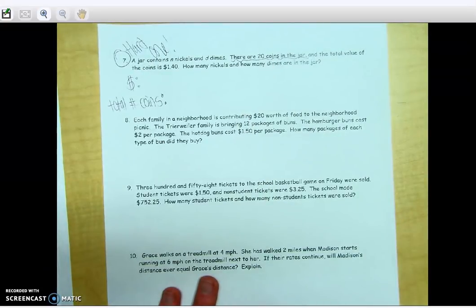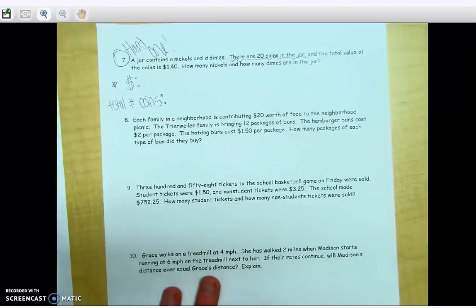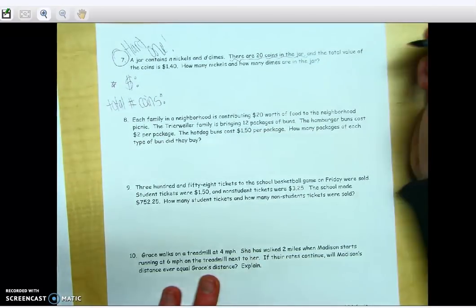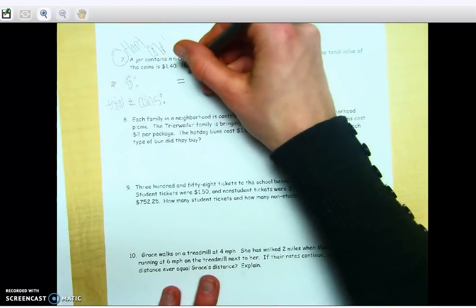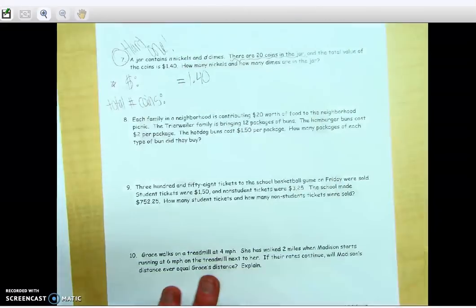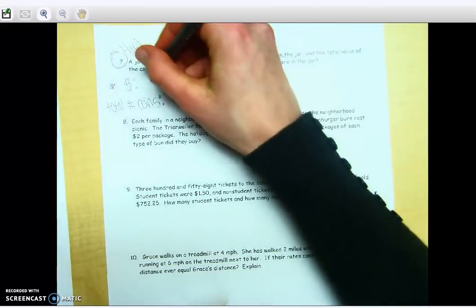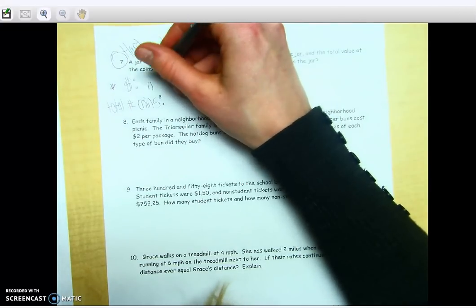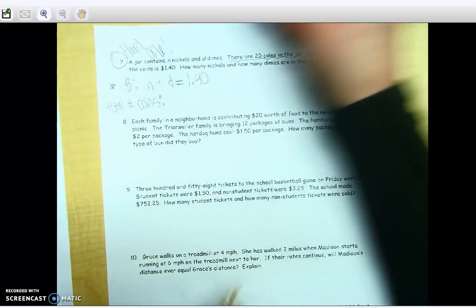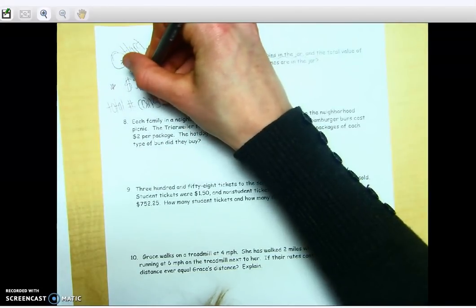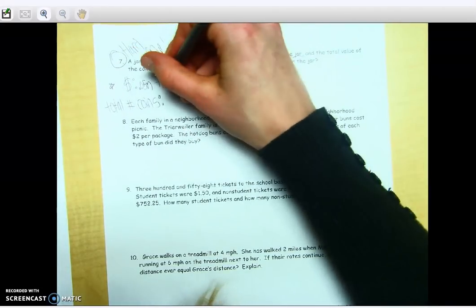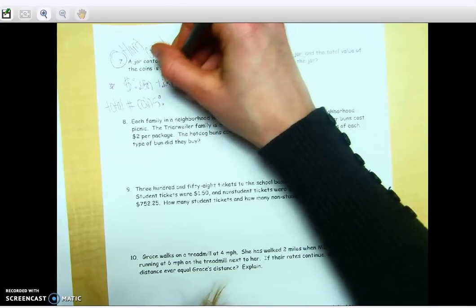Okay. I'm going to show you the equation for the total amount of money. It says the total value that we have is $1.40. And remember, we have nickels and dimes, right? Well, isn't a nickel worth 5 cents and a dime worth 10 cents?